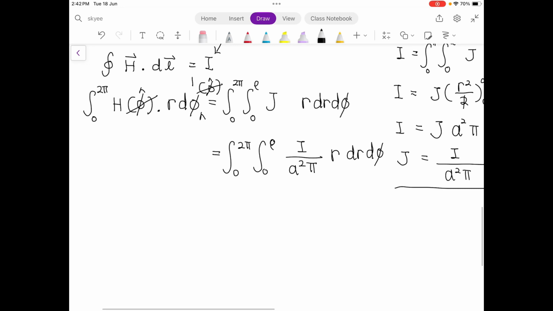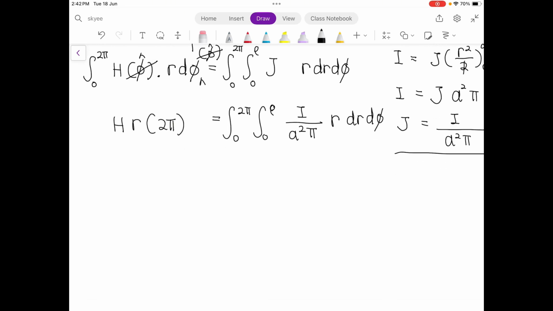For the left-hand side, it is H r times 2 pi; we did this before. On the right we can take everything out: I over A squared pi. Integrating, we get r squared over 2 from 0 to rho, and then 2 pi.